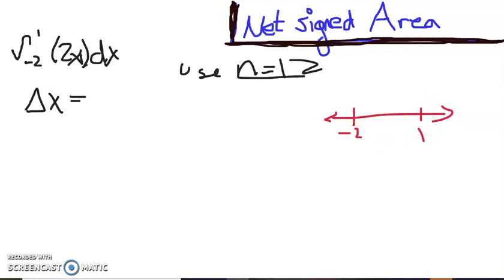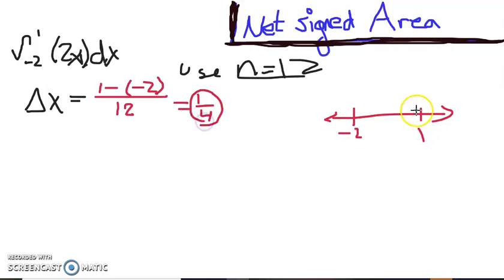It's fine. And so we're going to use n is 12. So first we have to figure out what delta x is. So we have 1 minus -2 over 12. 1 minus -2 is 3 divided by 12. That gives us 1/4. So that's our delta x. And notice it's positive. It's fine. And the reason it's positive, again, is because we're going in the correct direction, not backwards.